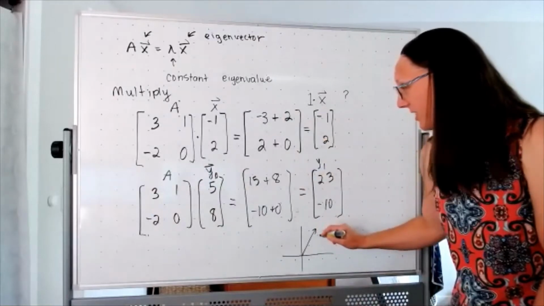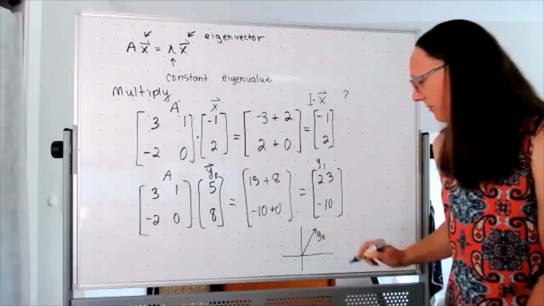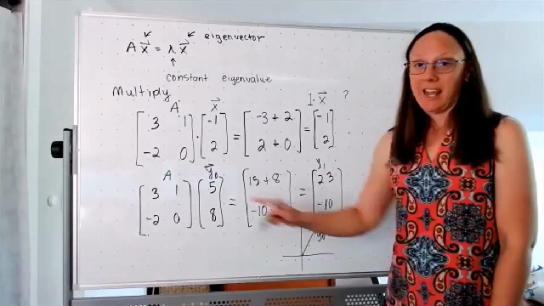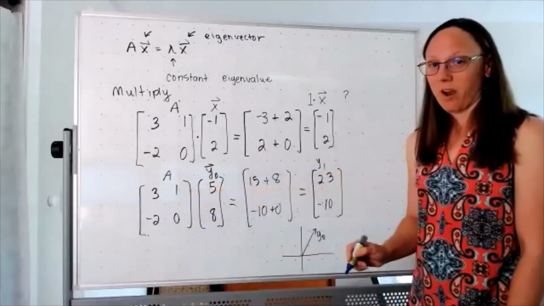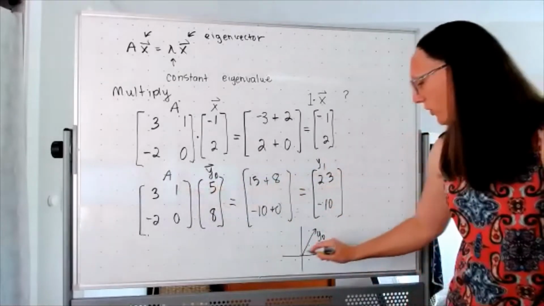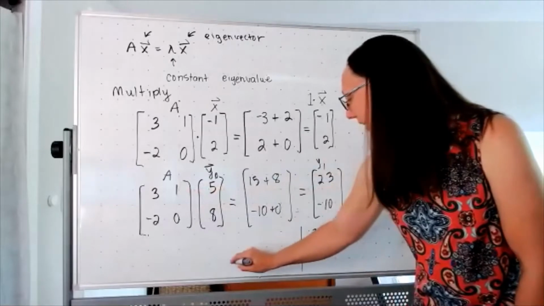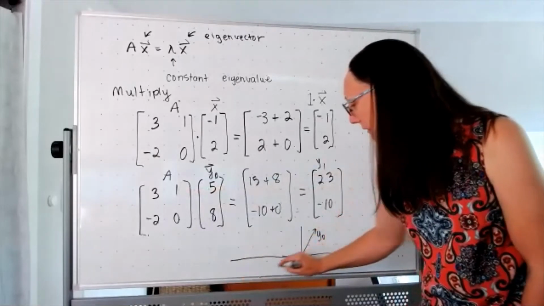I started with that y0 vector. And after I did A times that y0 vector, we got this totally random vector over here that's negative 23, down 10.